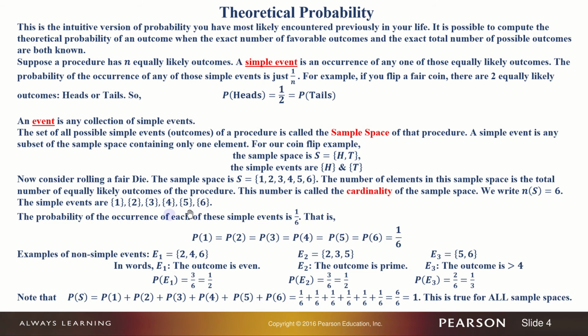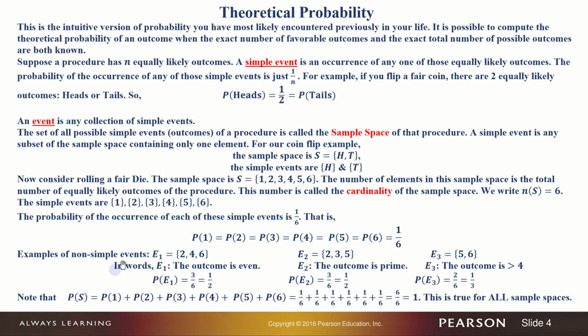Because there's only going to be one such outcome out of 6 outcomes. So we say the probability of the outcome being 1, 2, 3, 4, 5, or 6 is going to be 1/6.